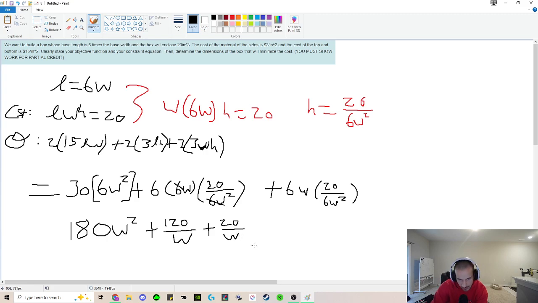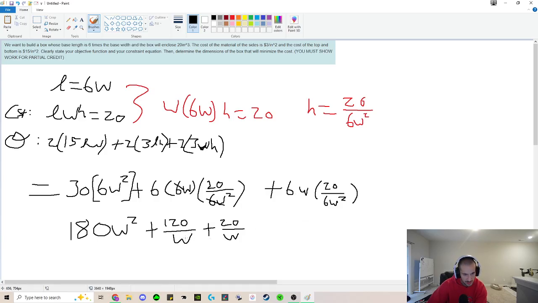Does this check out? You guys all agree with me here? I think so, right? So 120 divided by w, 20 divided by w. Okay, perfect.